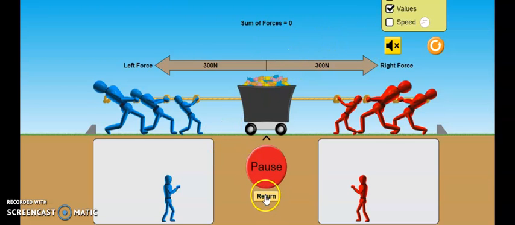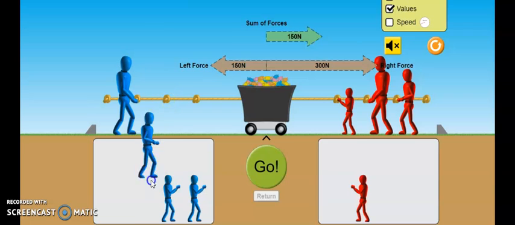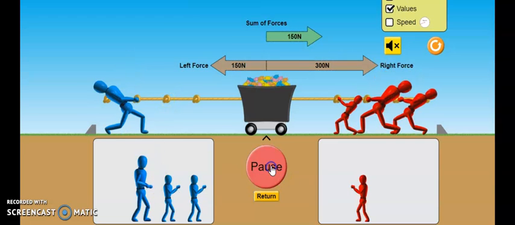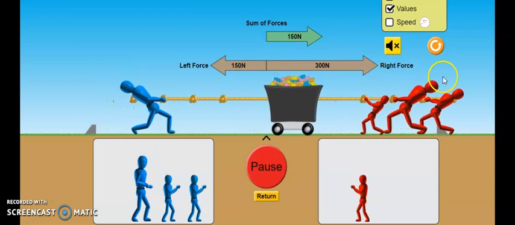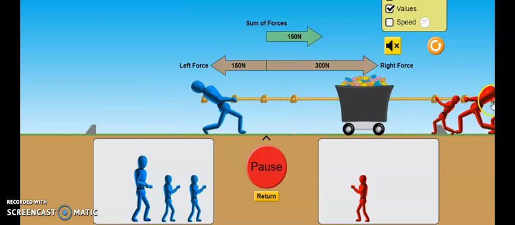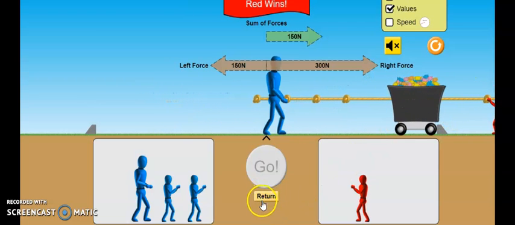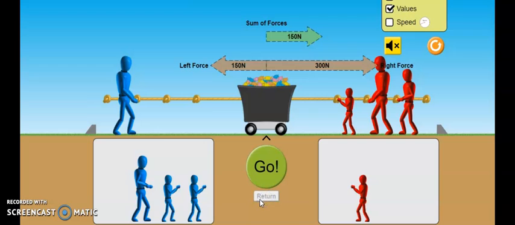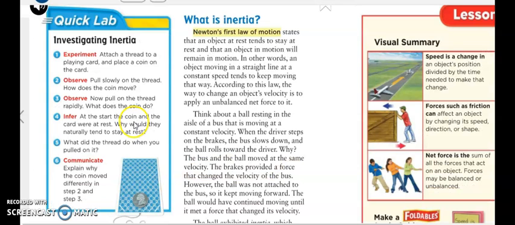When the net force is not 0, right now you can see it's 150, the sum of forces. So it's an unbalanced force. Okay guys, right now we want to talk about inertia and Newton's first law of motion.